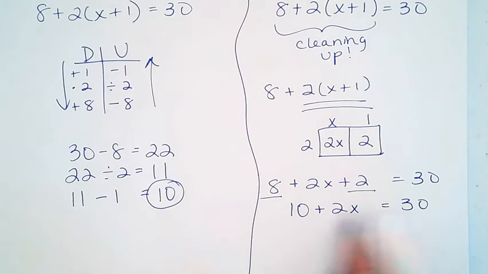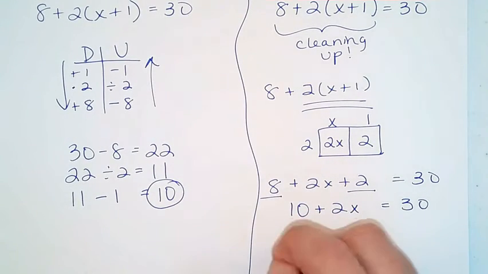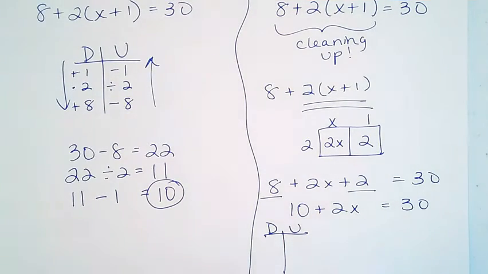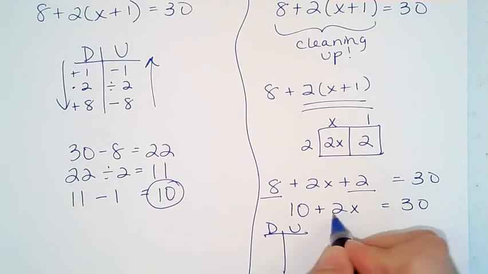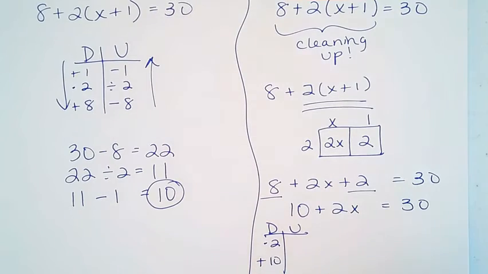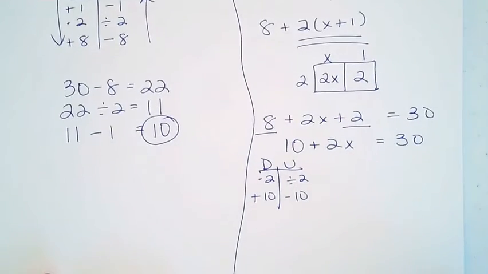Okay, now this is something we're pretty used to doing, right? So I can do my do, undo. And if I do that, then I would multiply by 2, and I would add 10. Minus 10, divided by 2. Oops, getting close.